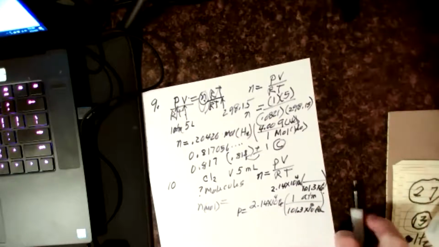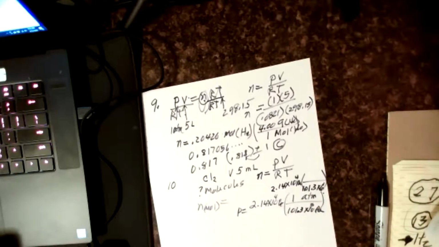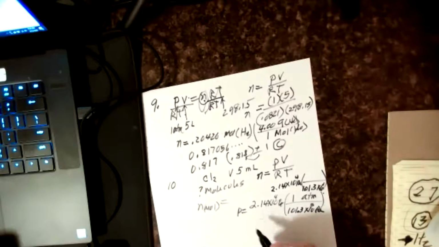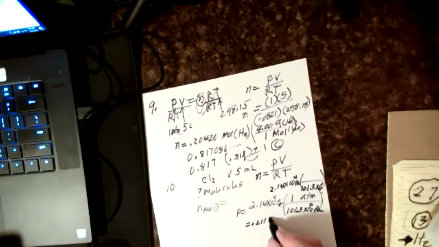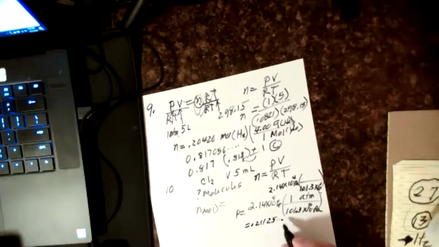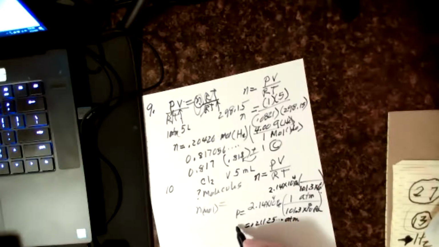So I can go ahead and do that right now. 2.14 with an exponent of 4, divided by 101.3 with an exponent of 3. And that gives me 0.21125 and a bunch of digits. Atmospheres is going to be my pressure.